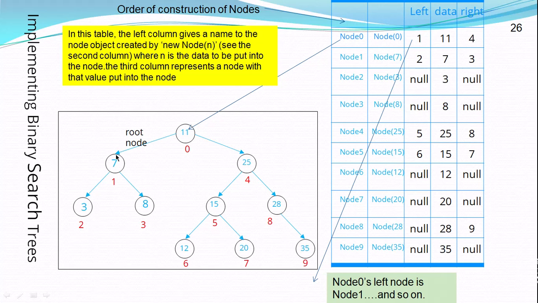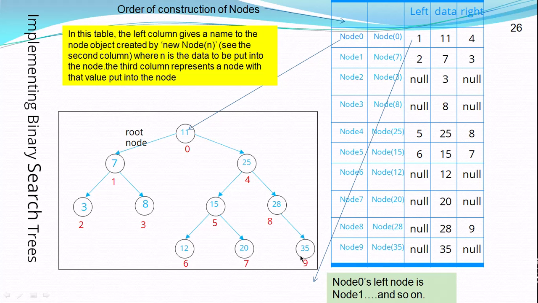And all I have to do is to write node 0 dot left equals node 1. So at that point in time I've got the root node, which I started with, it contains the value of 11, and a second node, it's node 0's left child, which contains the value 7, and I can go on.